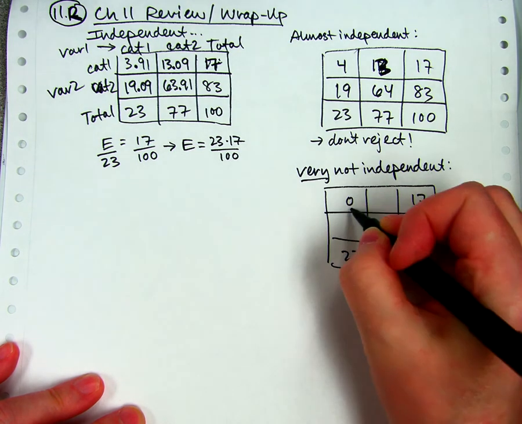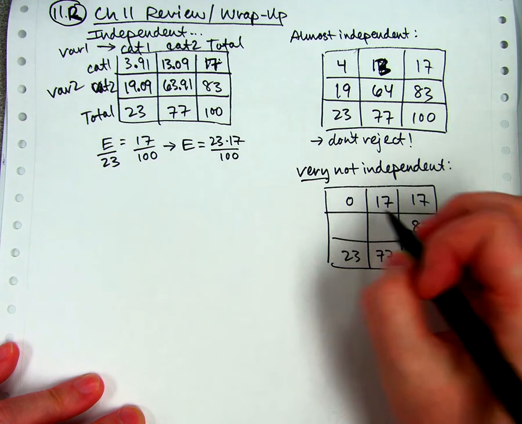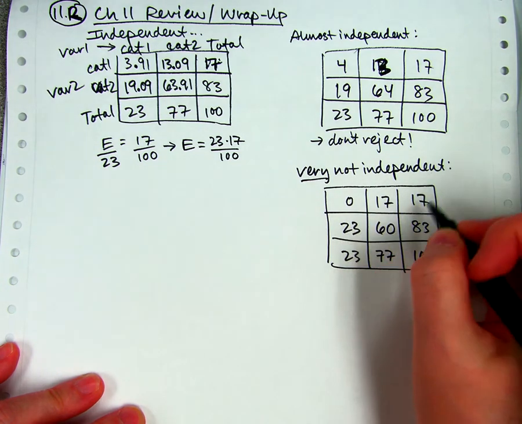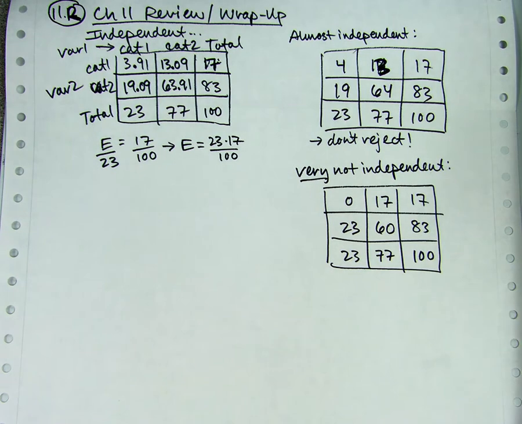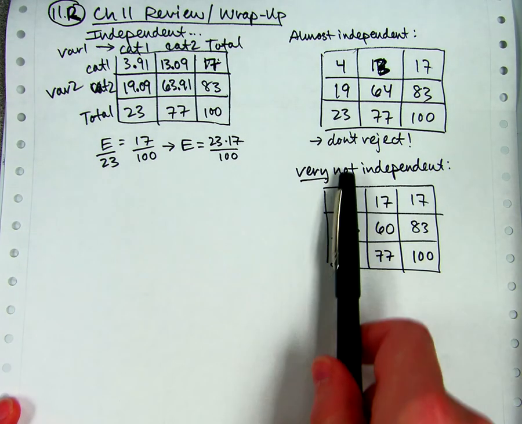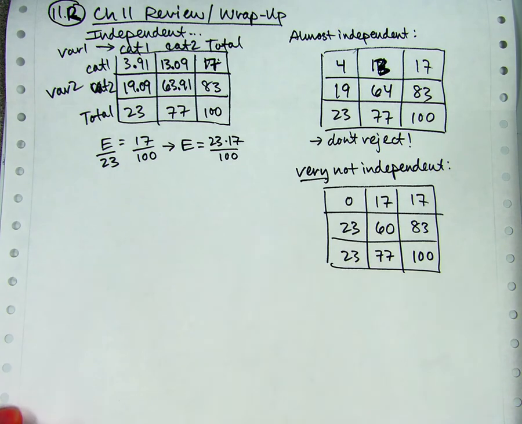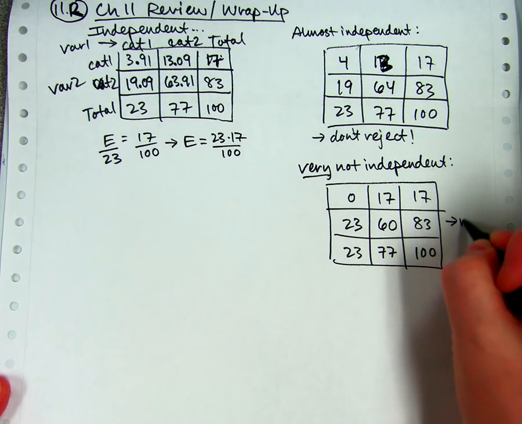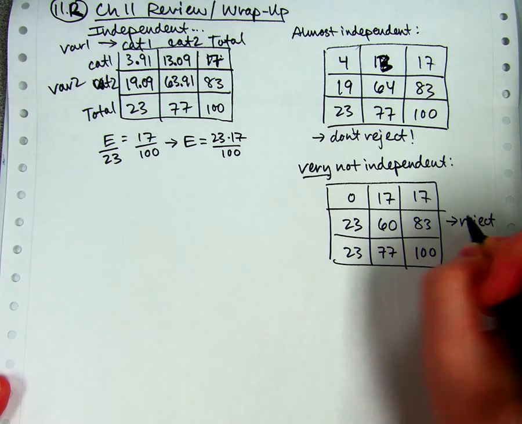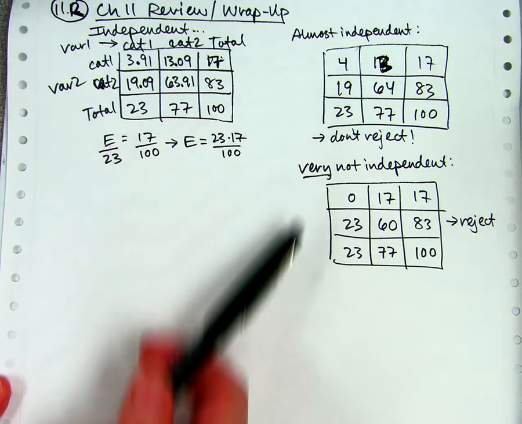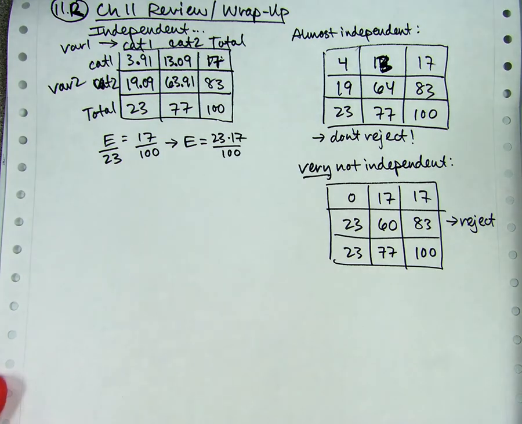So if I had 0 there, I'd have 17 here, and 23 and 60, and that's really, really not independent because if it's in this category, it cannot be in this category. Disjoint, not so good. So this would be definitely a reject. And then there's a lot of gray area in between. So in between this table and this table, some would be rejected and some not.